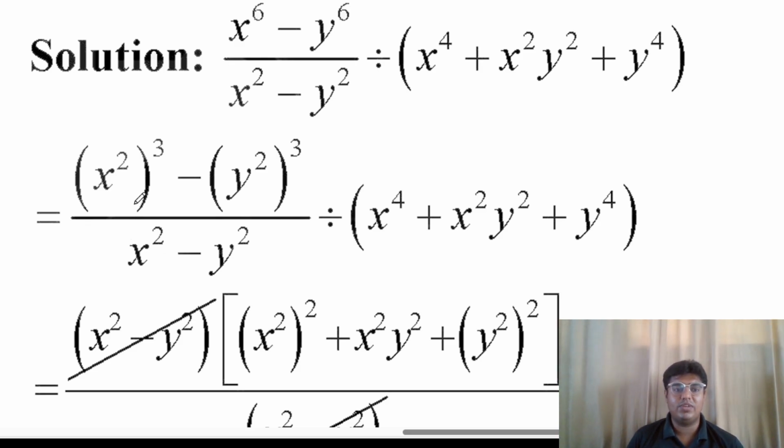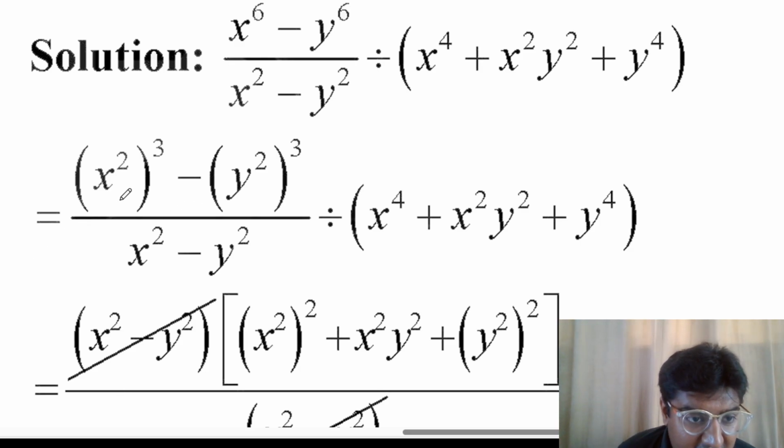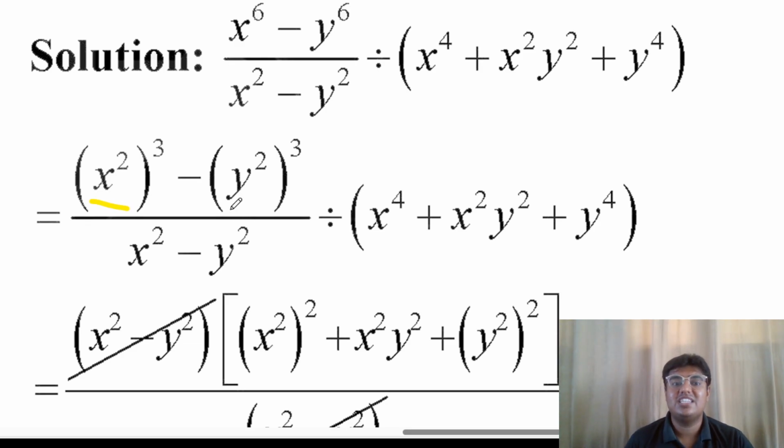So I can apply the formula a cube minus b cube. Be careful, a cube minus b cube equals a minus b. Here a is x square and b is y square. So a minus b, now a square plus ab plus b square.